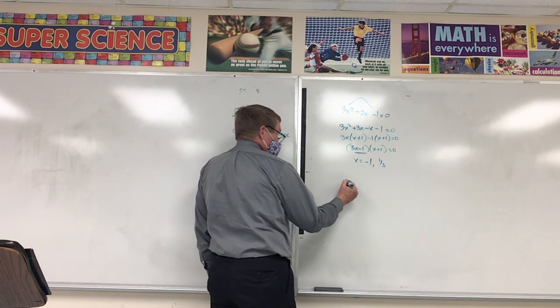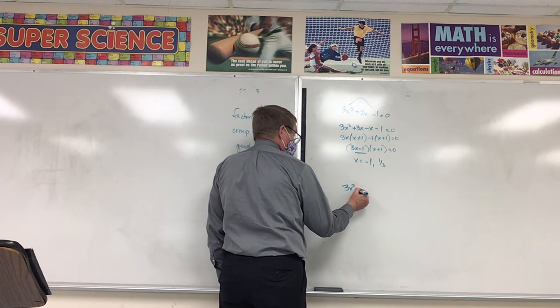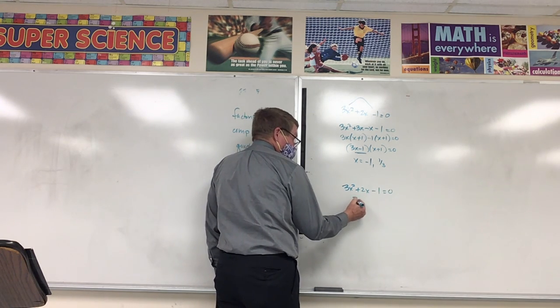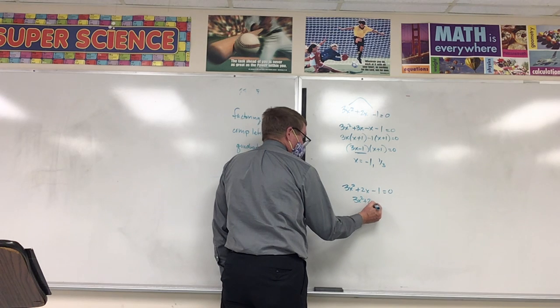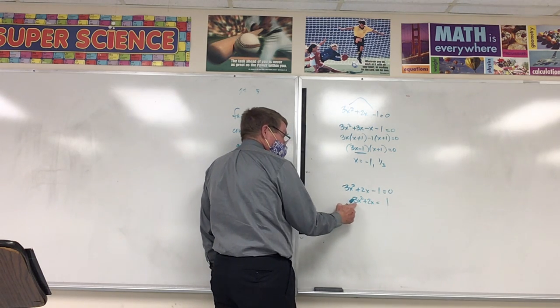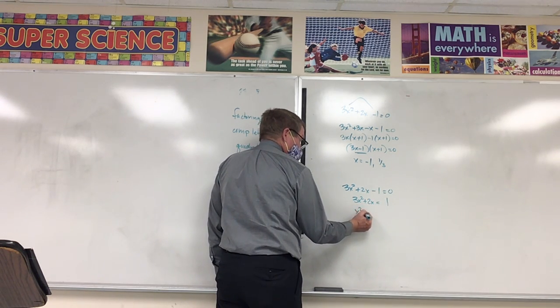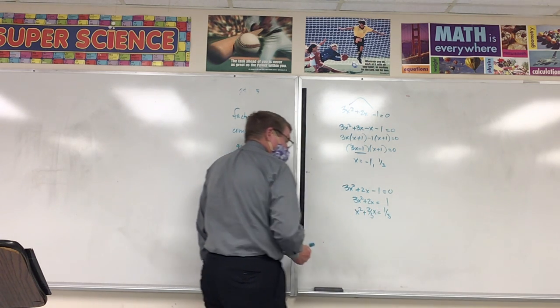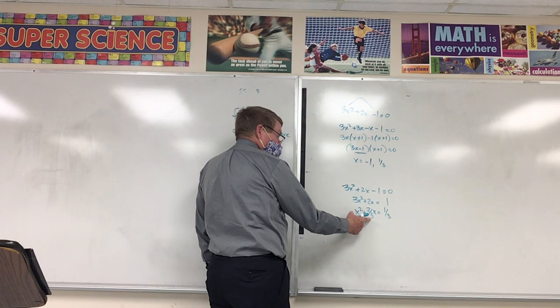All right, if we're completing the square, 3x squared plus 2x minus 1 equals 0. Isolate, 3x squared plus 2x equals 1. Get rid of the 3, x squared plus 2/3 x equals 1/3. Middle term, 2/3.